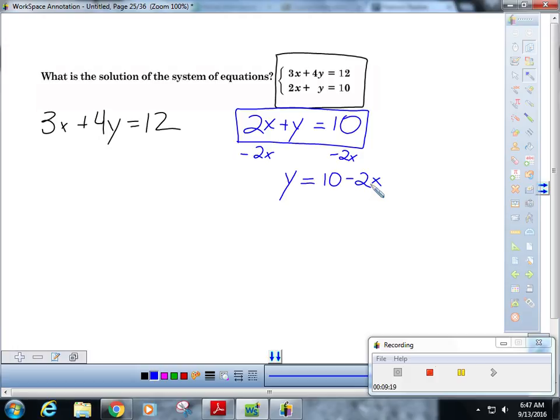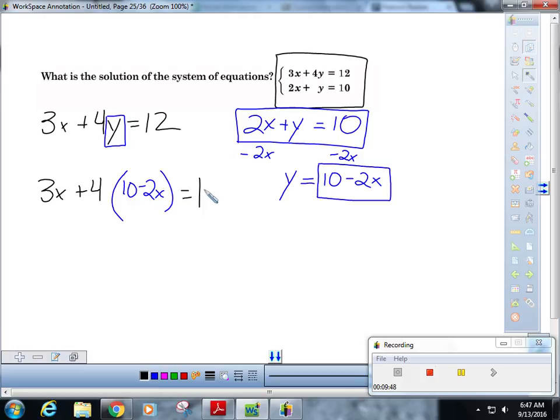Well, look, the power of the equal sign. What does y equal? y equals 10 minus 2x. So anywhere I have a y, I'm going to take it out. And now I'm going to write 3x plus 4 times 10 minus 2x equals 12.